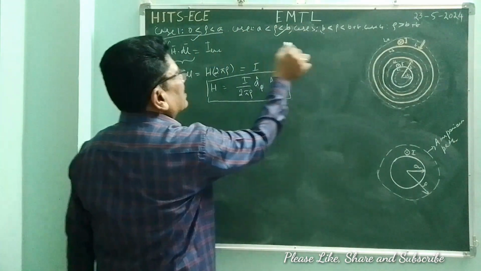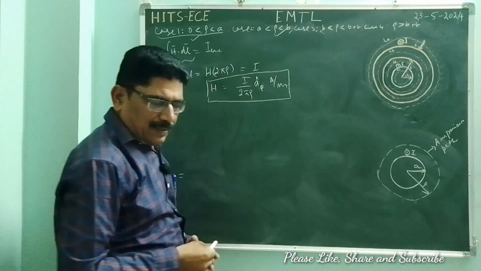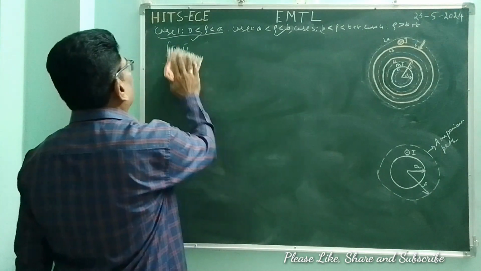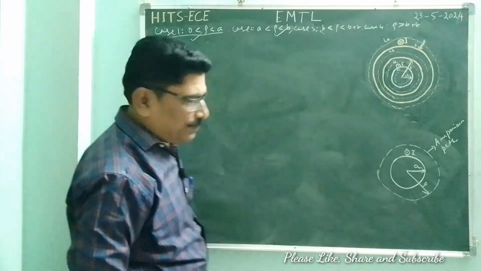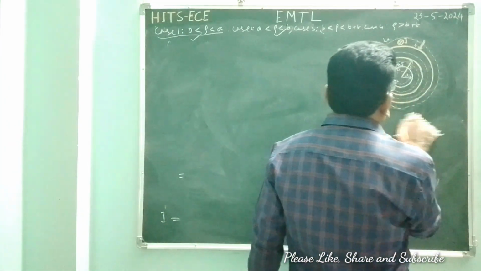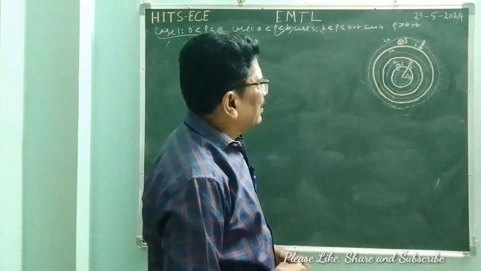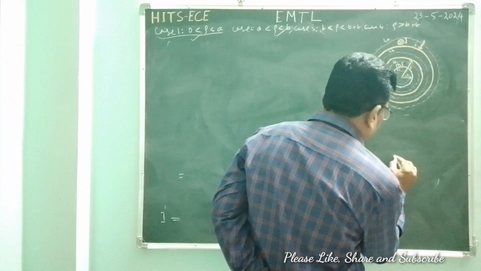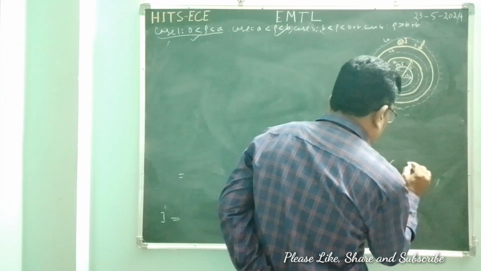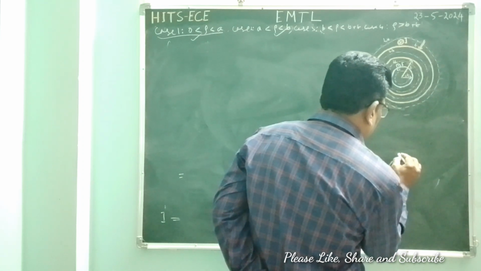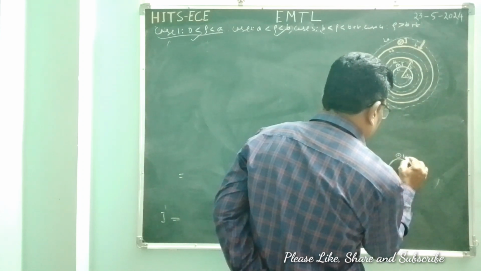First is over. Let us consider the third case, which is somewhat difficult, so be attentive. Third case, draw the diagram separately. Third case is L3. So the inner conductor is there, whose radius is a, and the current is moving out like this.